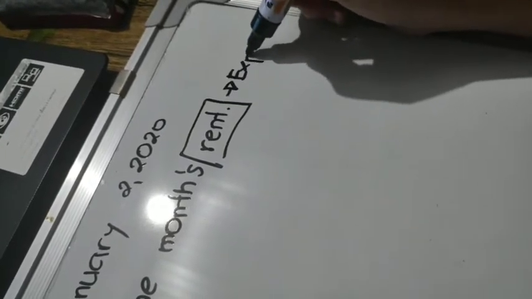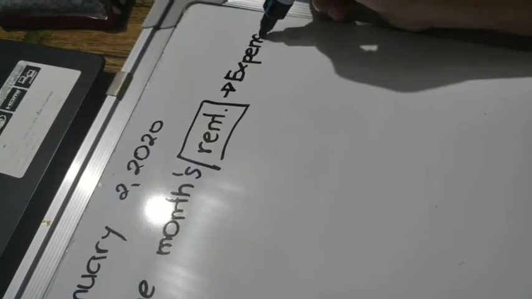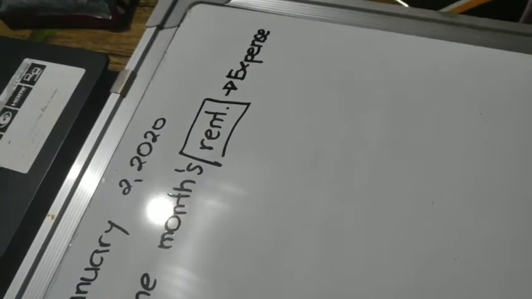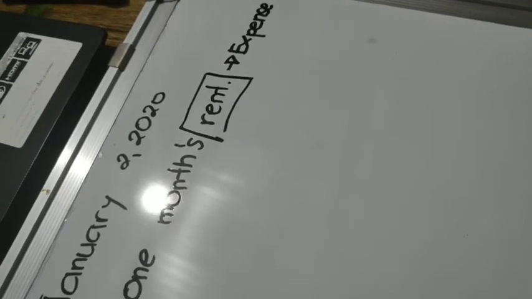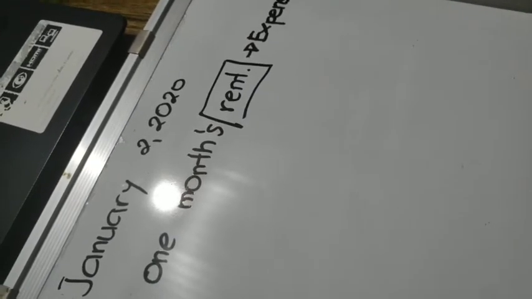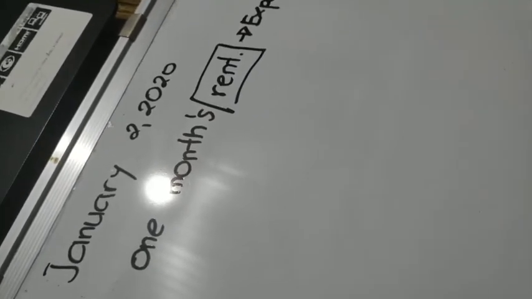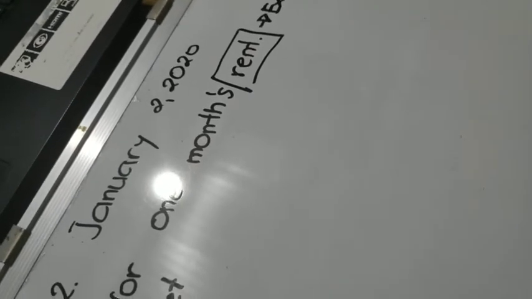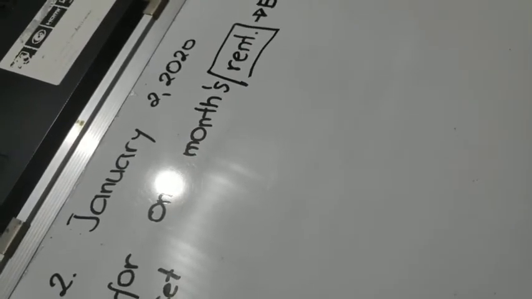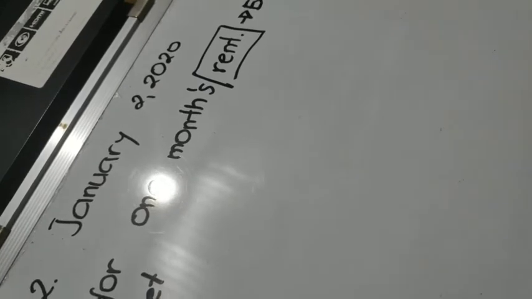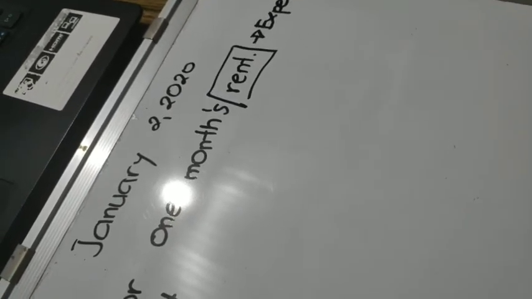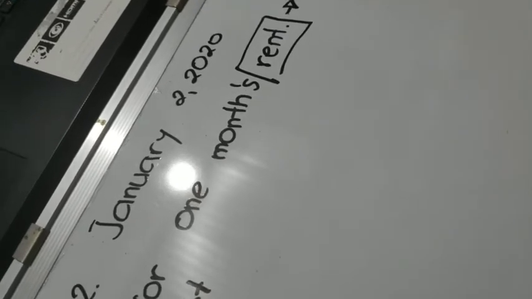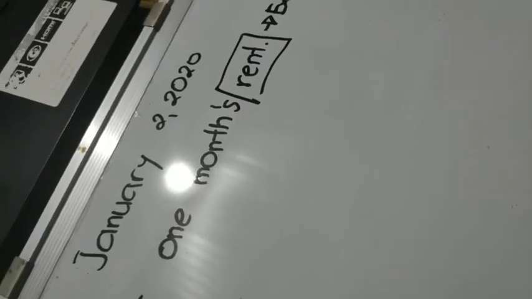The company can operate, but it is an expense of the company to pay the monthly rent. Because if you are not paying your monthly rent, the landlord of the building where your company operates might kick you out. So it is your responsibility to pay your monthly rental.